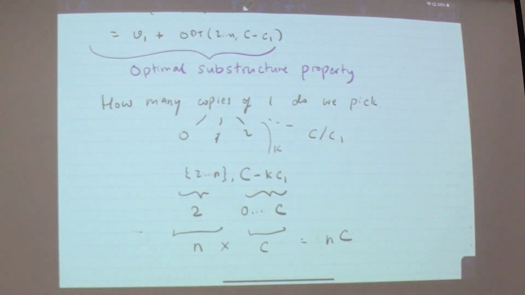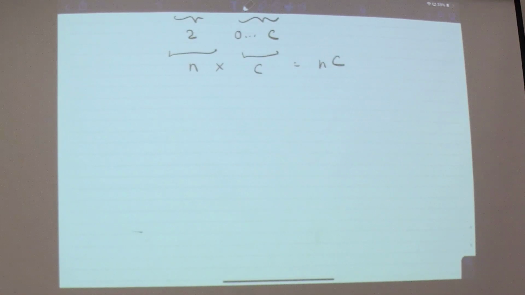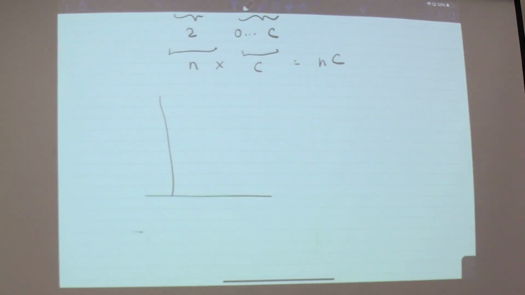So now let's make our table, right? So we have these 2 parameters. So now we can say, okay, I'm going to make a table. On this side is going to increase in C. On this side is going from 0, 1 up to n, right? And so we know we have an index into this table for every value of N and C. So we just have to make this table here.